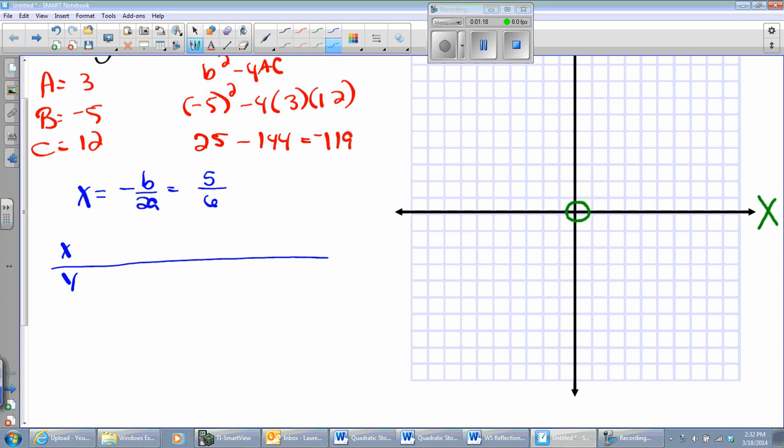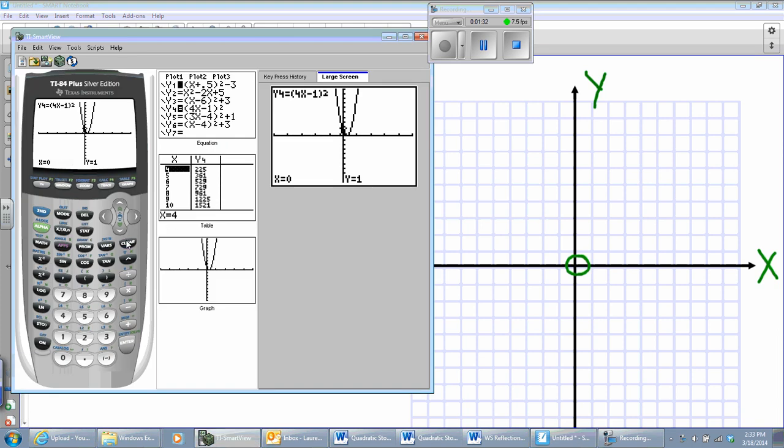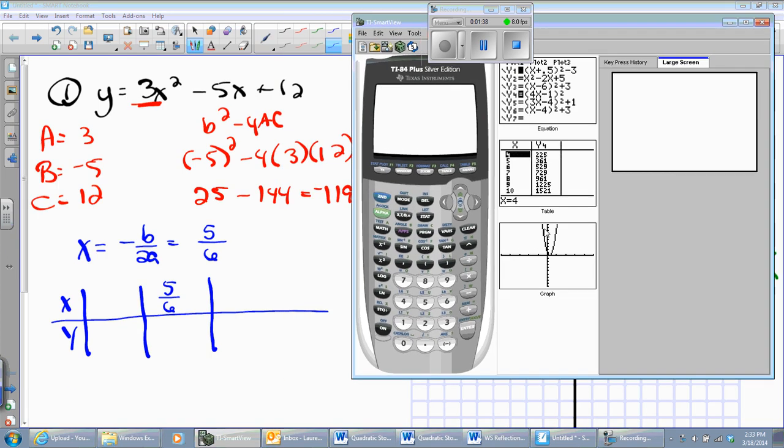Now I can make my little table here. I'm going to put 5 sixths in for x. Okay, and let me go to my graphing calculator. What is the original equation? 3x squared minus 5x plus 12. All right, so let me clear this out. So I'm going to go 3 times the quantity of 5 sixths.